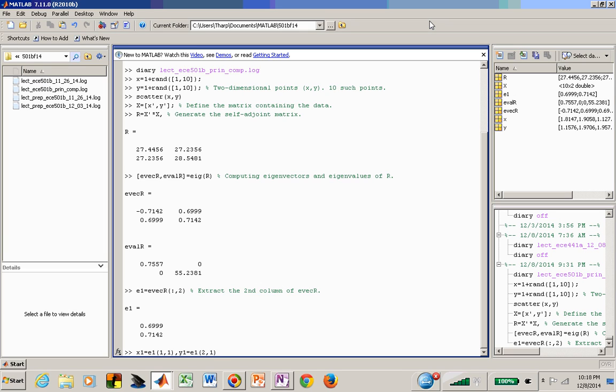Those are now our coordinates of the principal component. And we're defining those to be x1 and y1. So this is now where we are defining the coordinates of the principal component.